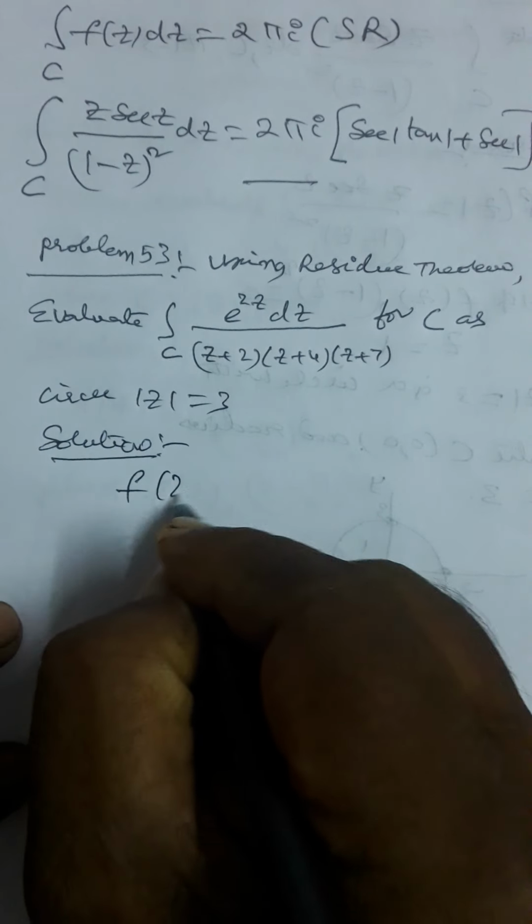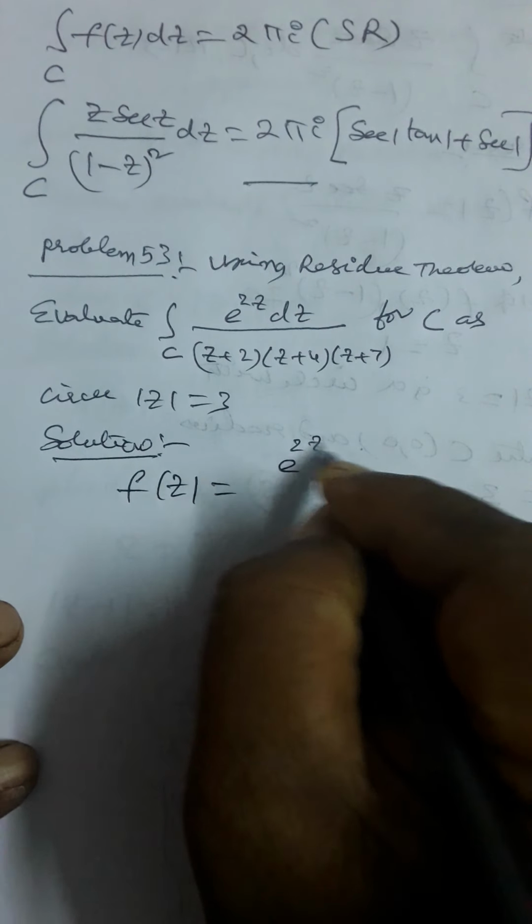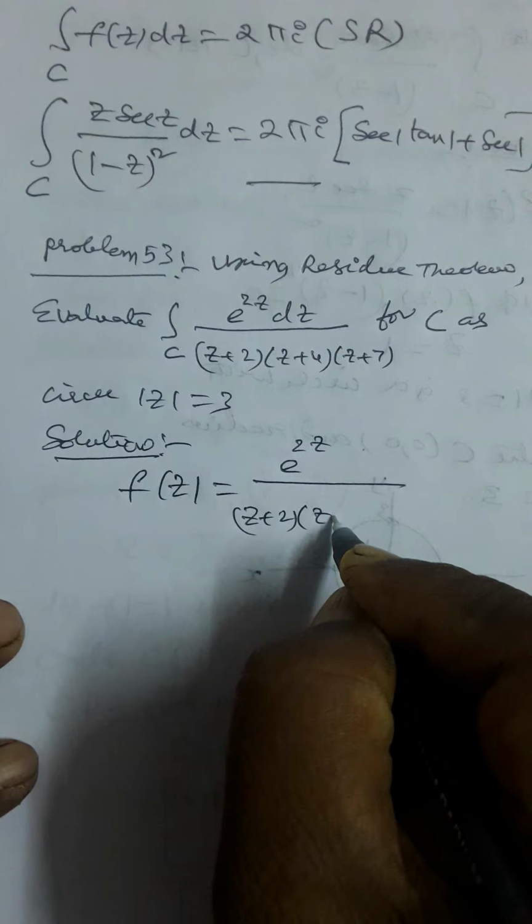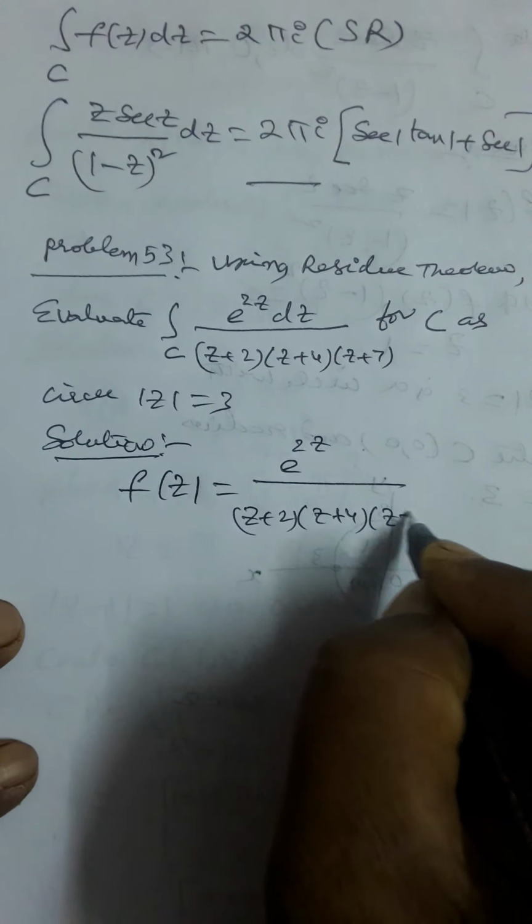Solution: f of z is equal to e power 2z by (z plus 2) into (z plus 4) into (z plus 7).